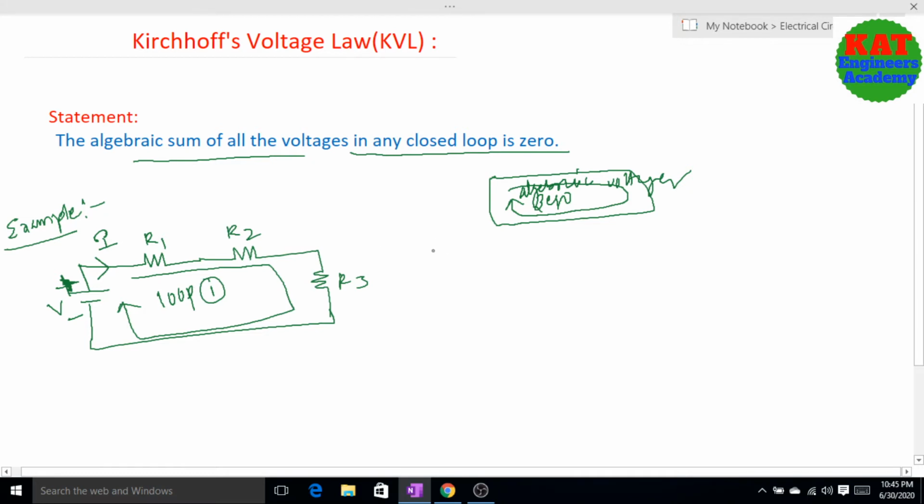Now apply KVL for loop number 1. Whenever you apply KVL for loop number 1, first you have to find the drops across R1, R2, R3. Just listen. Whenever the current I flows through R1, some voltage drop will be there.